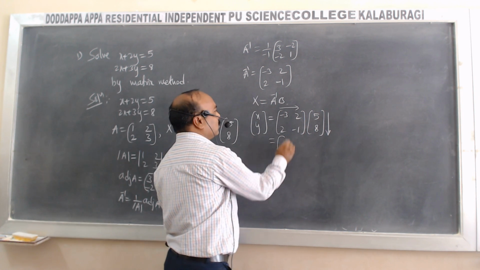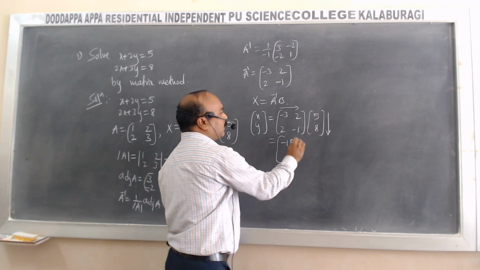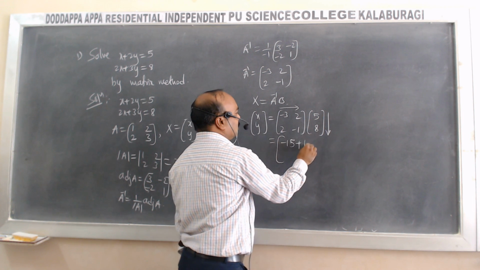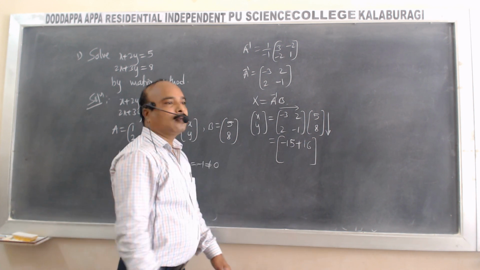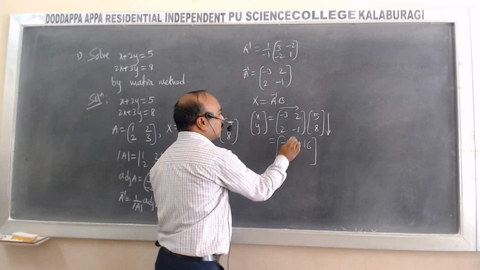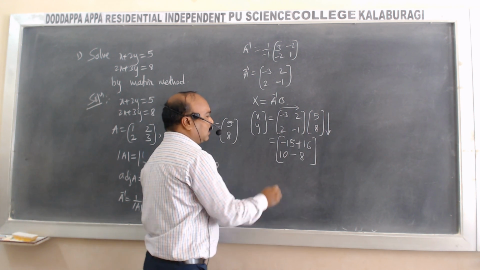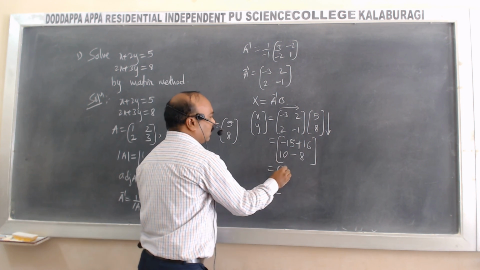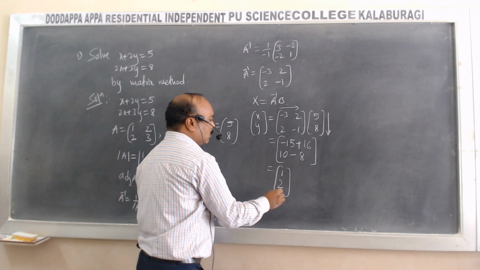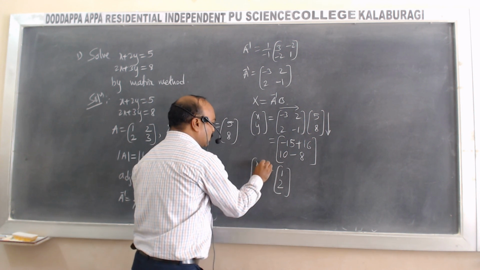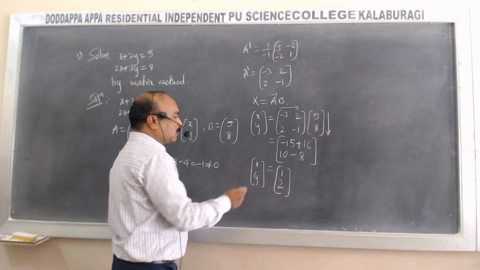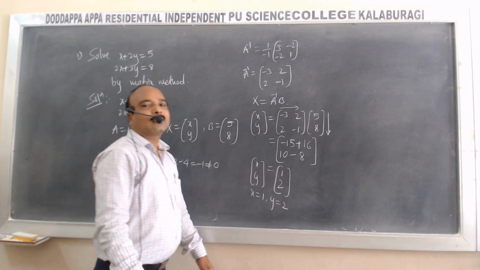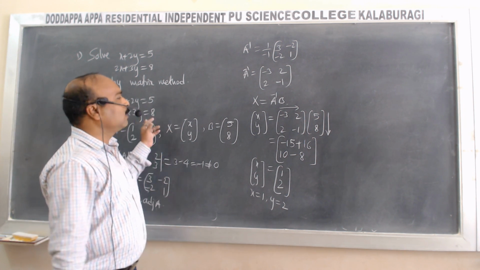First row: minus 3 into 5 is minus 15, plus 2 into 8 is 16. Second row: 2 into 5 is 10, minus 1 into 8 is minus 8. Then we get minus 15 plus 16 is 1, and 10 minus 8 is 2. Now the left hand side is X, Y. By equality of matrices we confirm that x equal to 1, y equal to 2. It is the solution of the given linear system of equations.